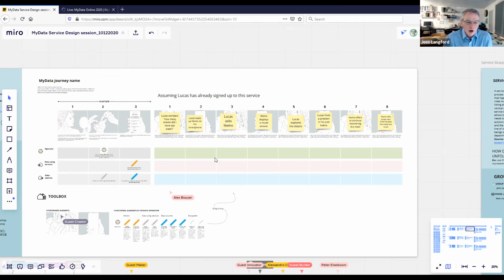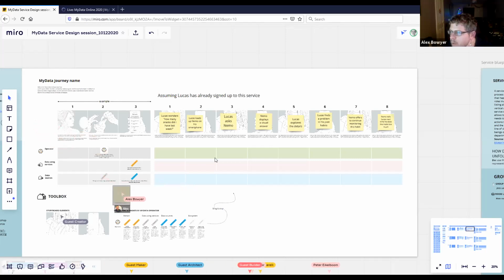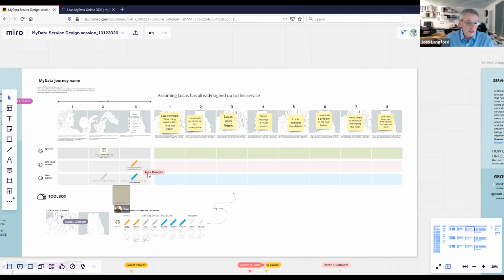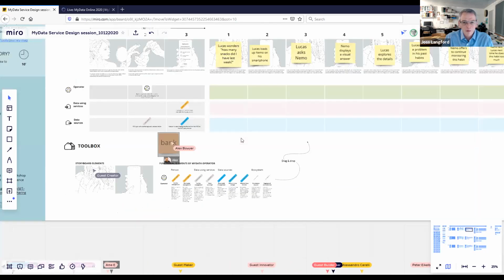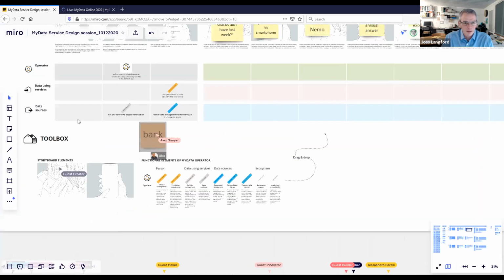But if Nemo was able to get data from other places, then they might go off and get data from, for example, Nemo may go and get data from Greg's about Lucas's purchasing history or from his credit card. Yeah. So that would go in the bottom row, would it? It could do, yeah. If you scroll down, I'll show down at the bottom here. So when we think about how we deliver these services, there are some technical aspects here.